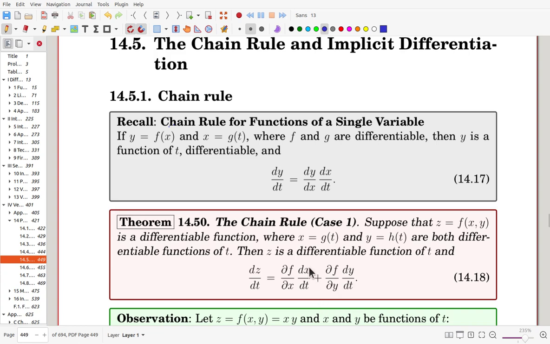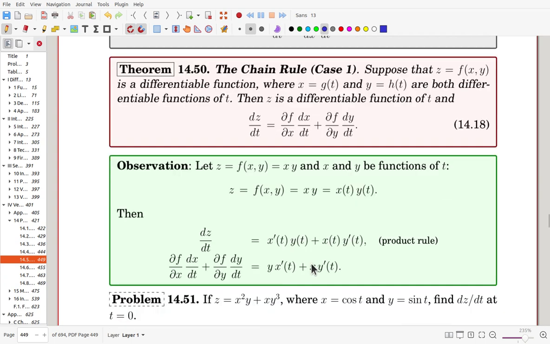To understand this formula thoroughly, let's see this observation. Z is f of x, y. Simply, we choose x times y. Now, x and y are functions of t, then we can write it this way, so that z can be considered as a function of t, and if we take the derivative with respect to t, then by using the product rule, we have this formula.